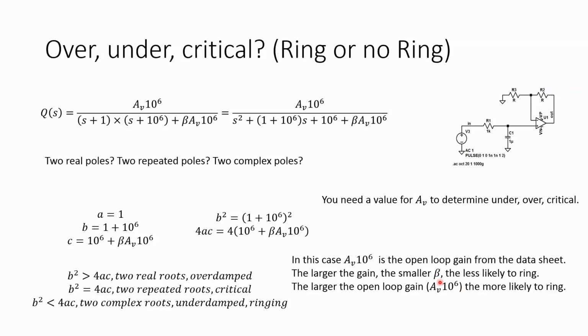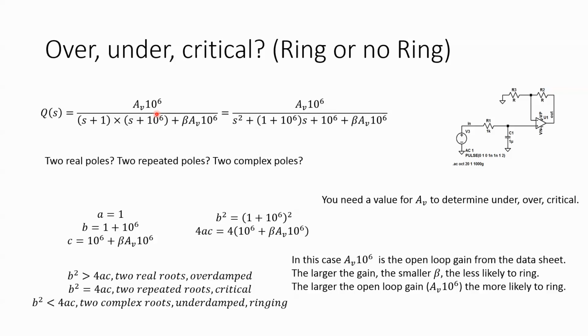But the larger the open loop gain, the more likely it is to ring, because the larger this term could be, if it's large enough, larger than beta squared, and you would have ringing. So that's what this second model is from.